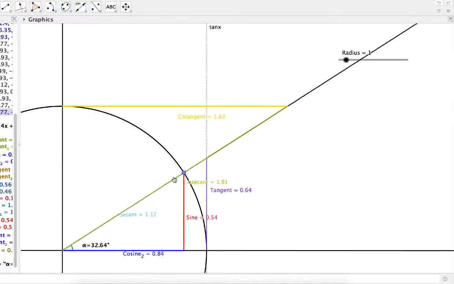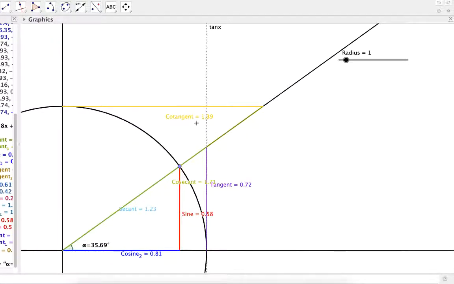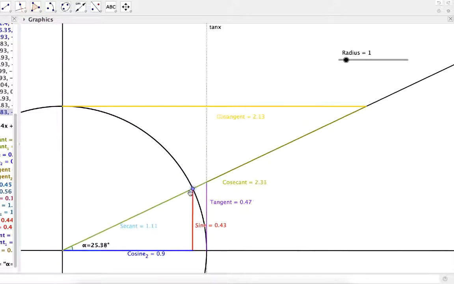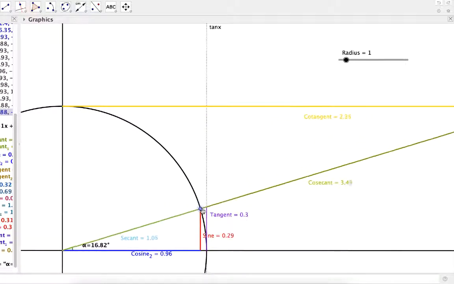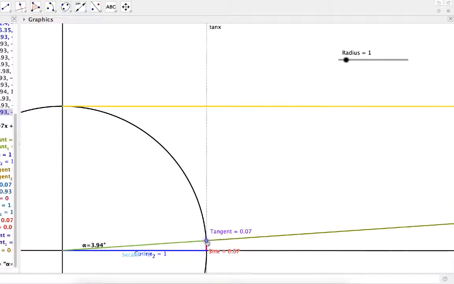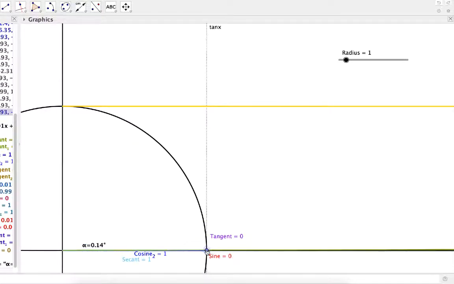Notice anything else? Let's look at cotangent. As the angle gets smaller and smaller, cotangent gets larger and larger, and the limit goes to infinity, so it is undefined, because at 0 degrees there are two parallel lines, so the length is undefined.